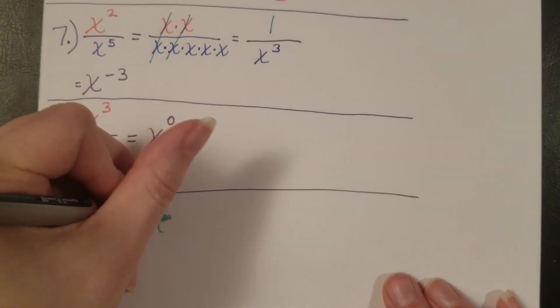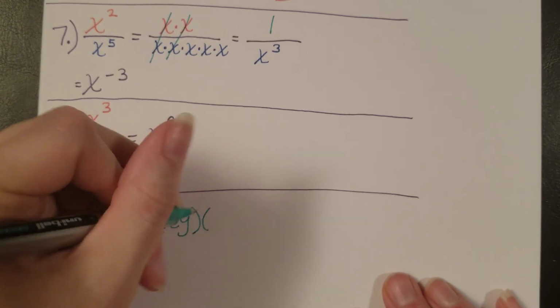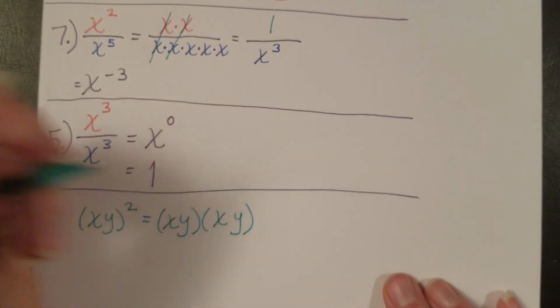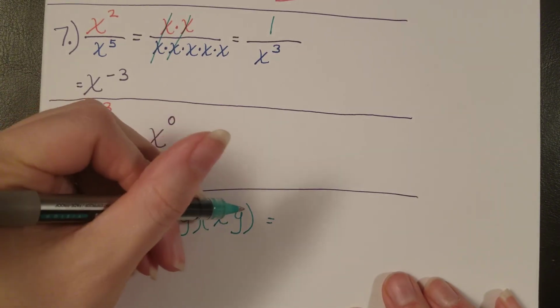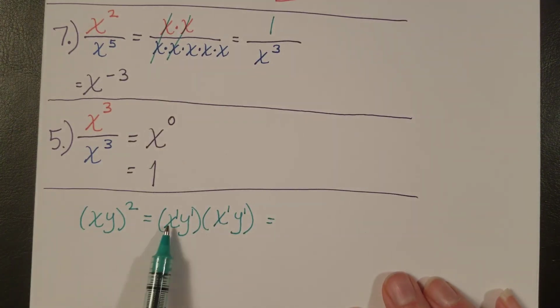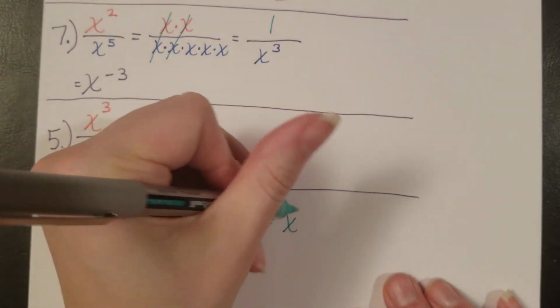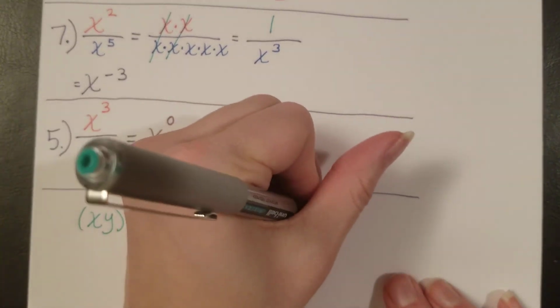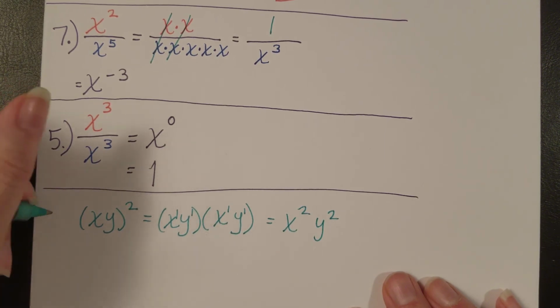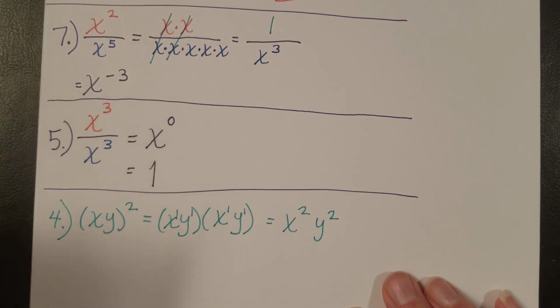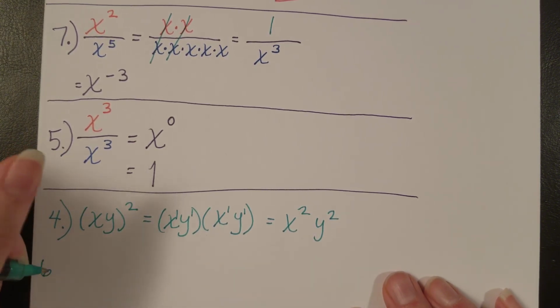So that would be xy times xy. And then we know we could put our invisible ones here if you like, or we could just know that x times x is x squared and y times y is y squared. And then what that rule is telling us is that as a shortcut, we could just distribute that exponent and get the same answer.